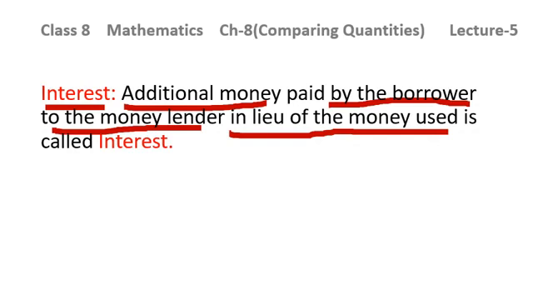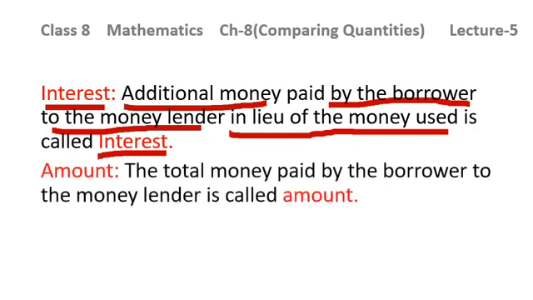Obviously, if you are borrowing something from someone, you need to pay something extra to that person, because you are using his or her money. So the additional money paid by the borrower to the money lender in lieu of the money used is called interest. This is the additional money which is being paid apart from the principal amount.